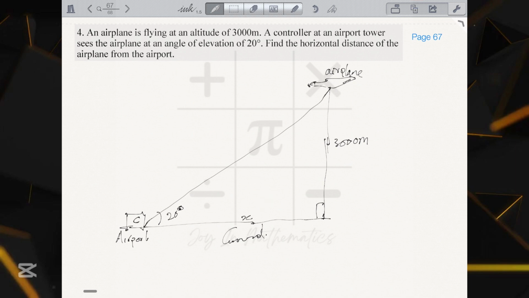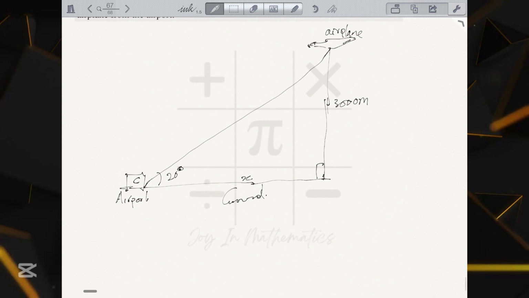Let's draw a simple diagram to represent this. We have the altitude to be 3000, the angle is 20 degrees, and we're looking for x. This is similar to what we solved earlier, because now we have the opposite to be 3000, but this time we are looking for the adjacent.